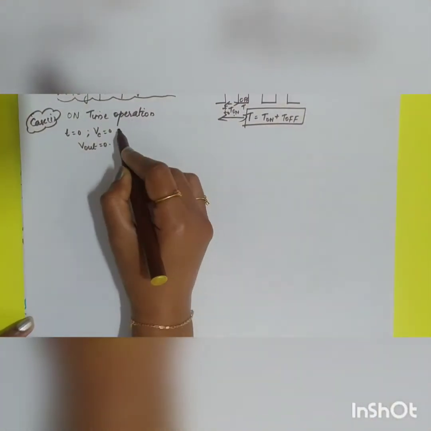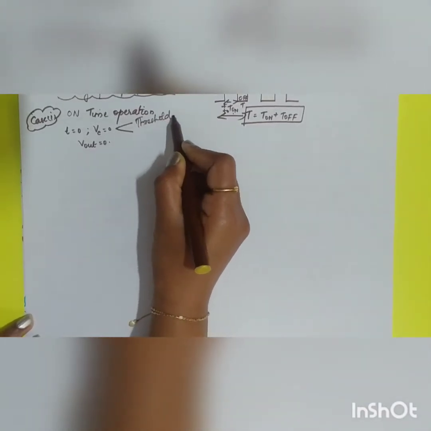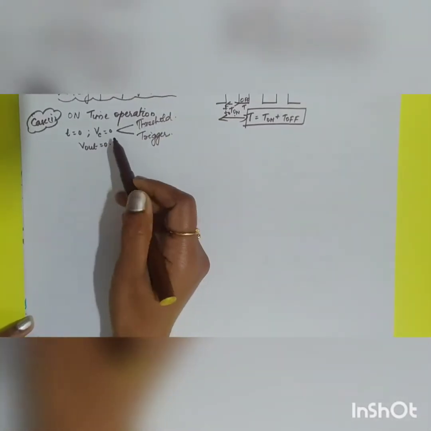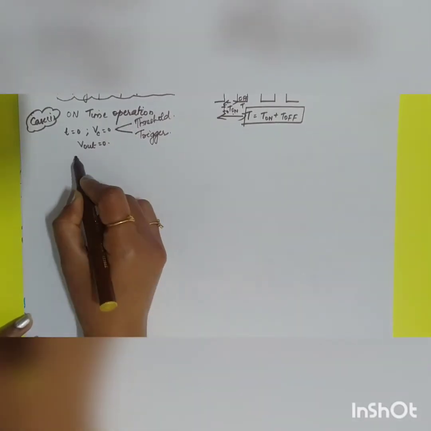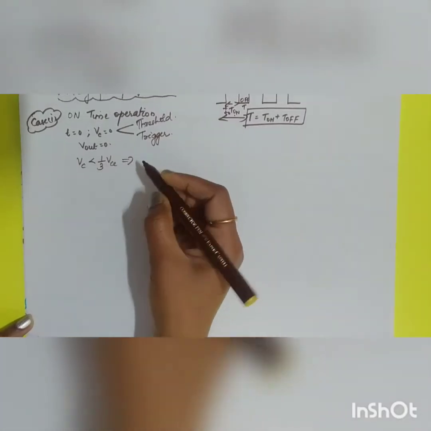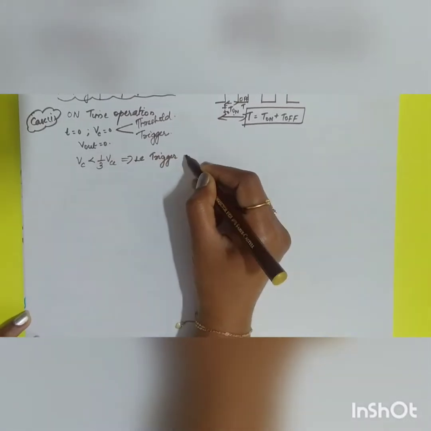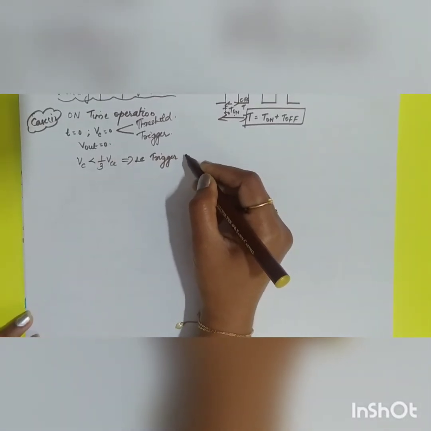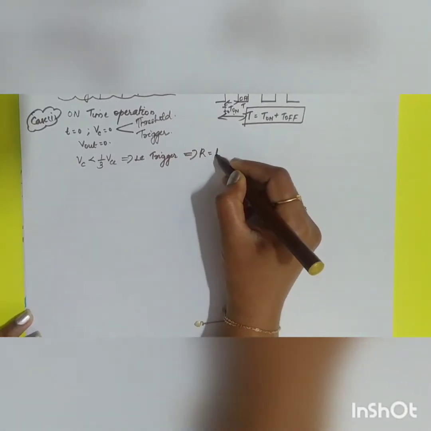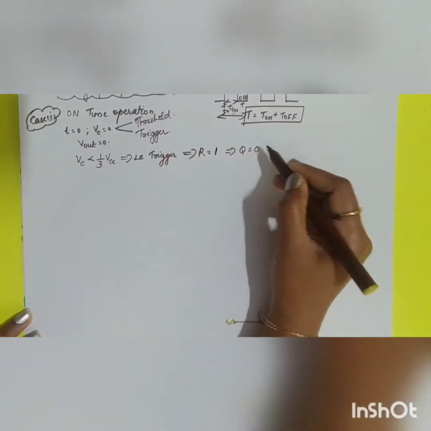Till here VC was controlling your threshold, but in this case VC controls the threshold as well as your trigger. So as it is discharging towards 0, when VC becomes less than 1 by 3 VCC, your lower comparator will get triggered. When R is equal to 1, you know that as per the truth table, Q will be equal to 0.